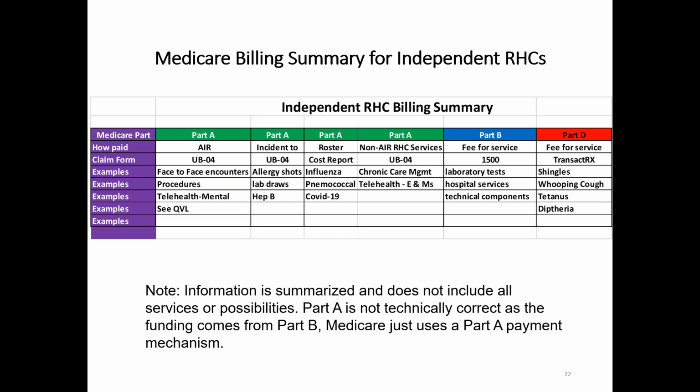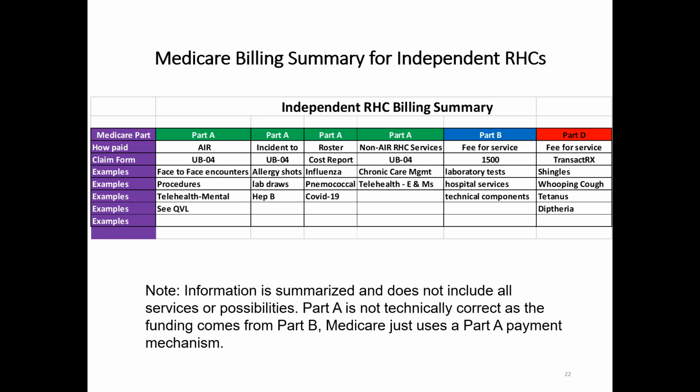Incident 2 are services that are not on the QVL that would not qualify for all-inclusive rate, and they occur within a medically appropriate amount of time. Medicare doesn't define that number, but it's typically between 30 and 45 days, either before or after an office visit.